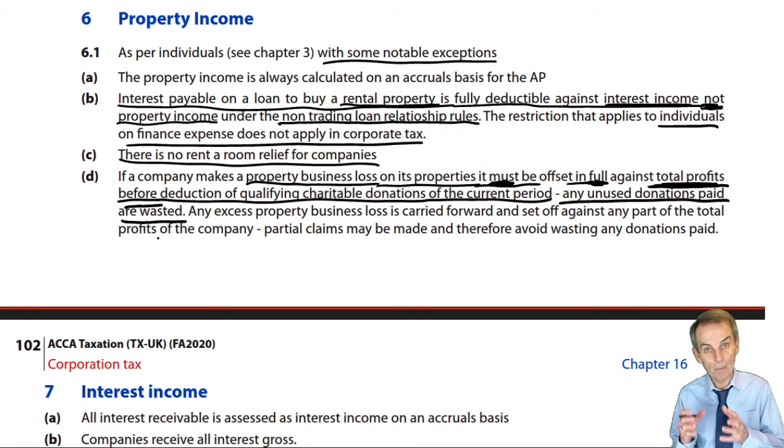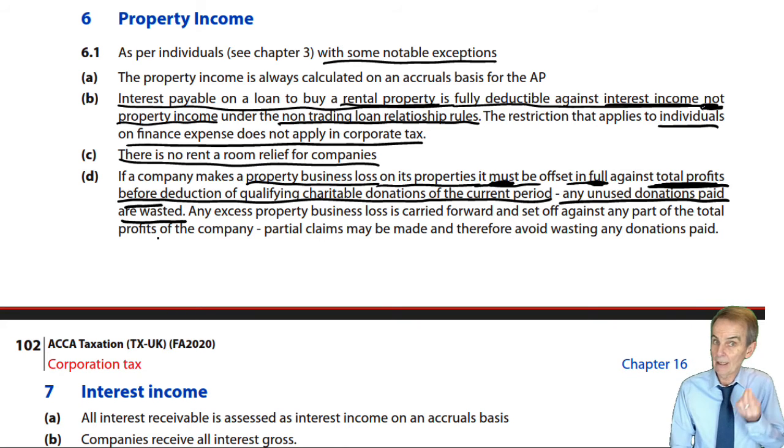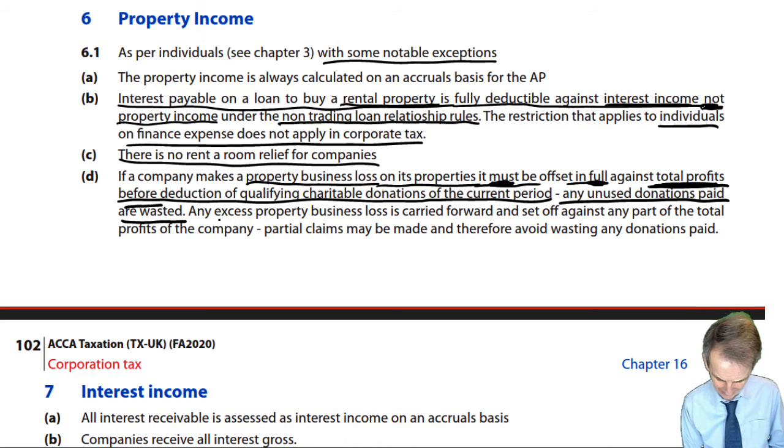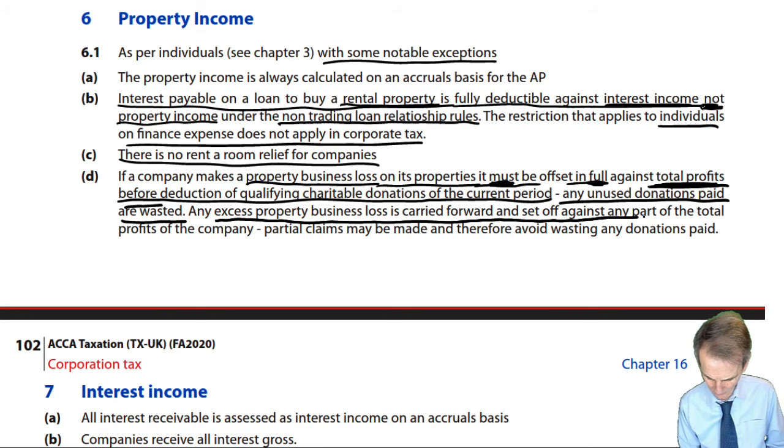The property business loss, however, that you have sustained, if any of it is still unused, though you cannot carry it back, it can indeed and will indeed be carried forward. Any excess property business loss is carried forward and set off against, note now, any part of the total profits of the company.